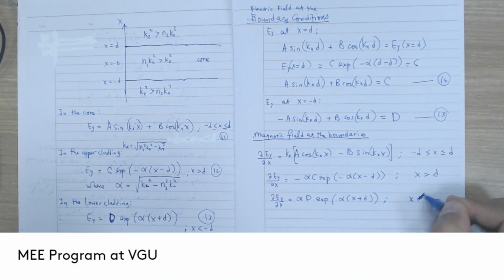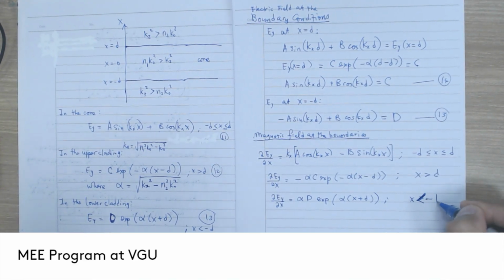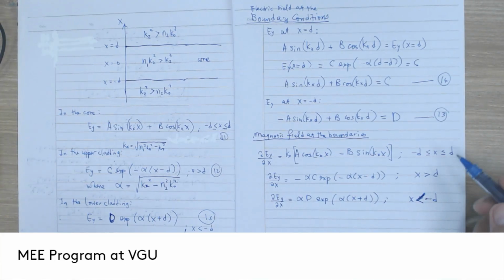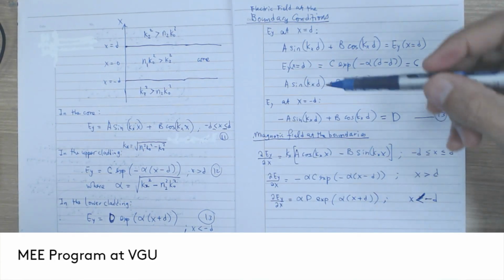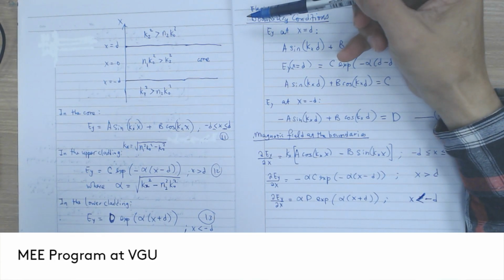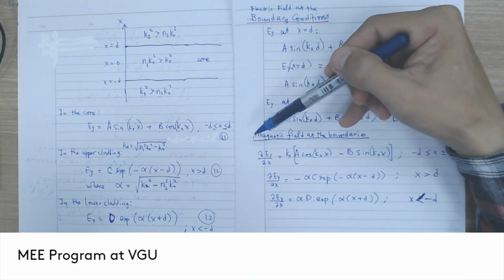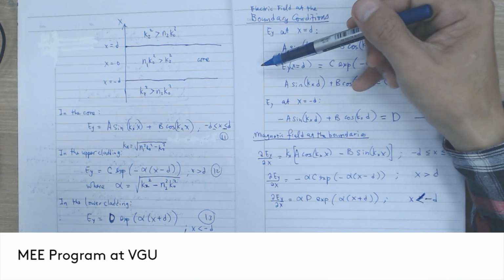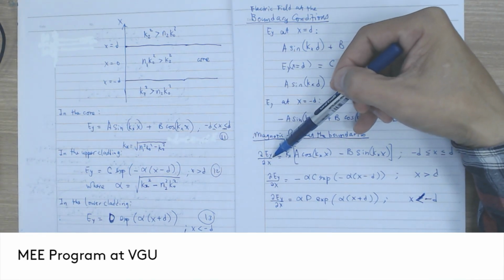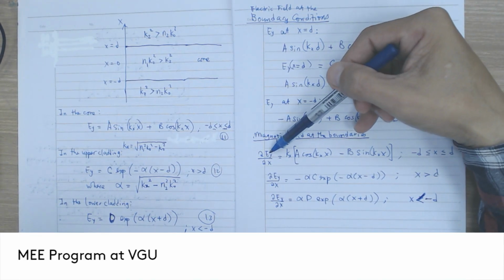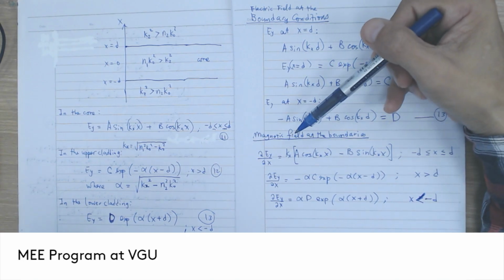Should be the opposite, huh? Minus d. So we are trying to work out the boundary condition for the electric field and also the magnetic field. The magnetic field, according to the Maxwell equation, can always be found by the curl. We can just do this and we can get the magnetic field.